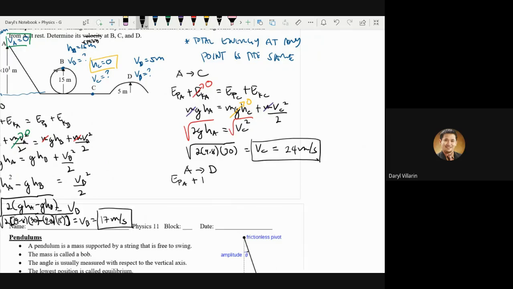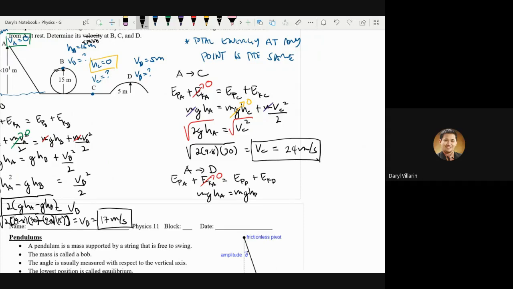potential plus the kinetic at A. Again, looking at from A to D. So therefore, potential at D plus kinetic at D. So automatically from the previous example, kinetic at A is 0. So I'm just talking about mgha is equal to potential at D, which would be mghd, plus mvd squared over 2.